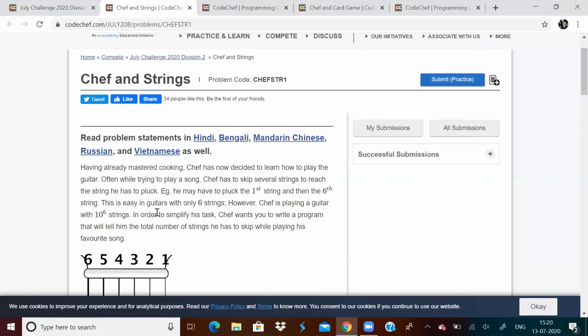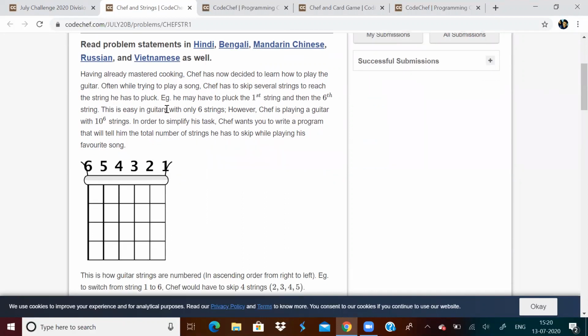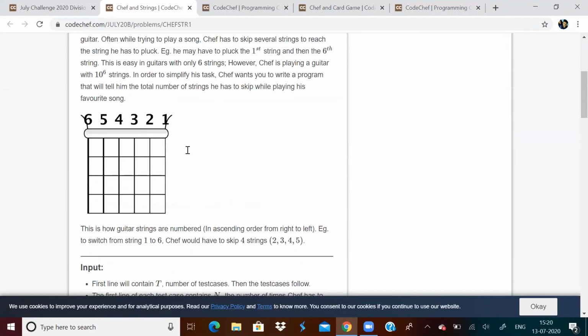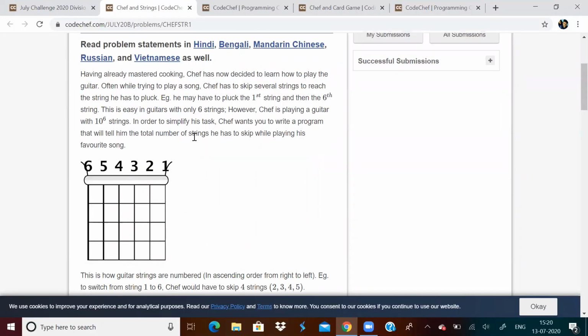Chef and strings. Chef has now decided to learn how to play guitar. This CodeChef statement gives a lot of unwanted information. I want to find out what is important. He may have to pluck the first string and then the sixth.